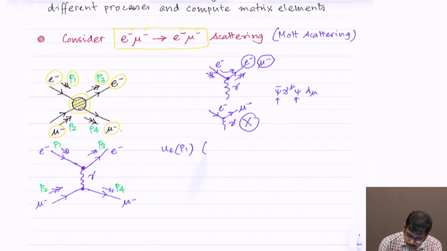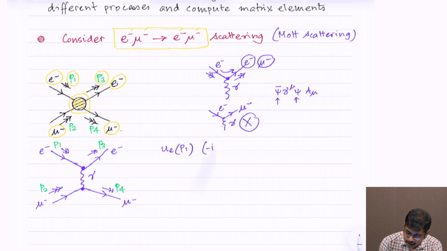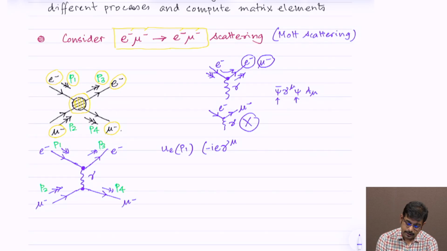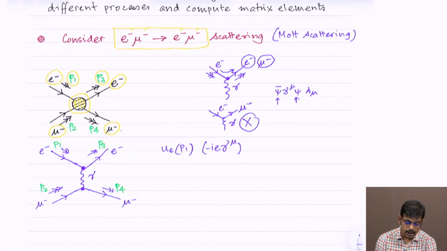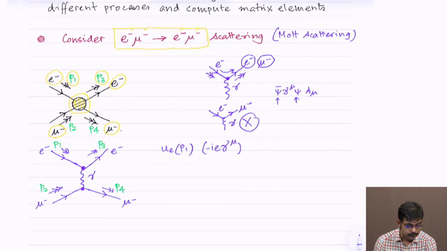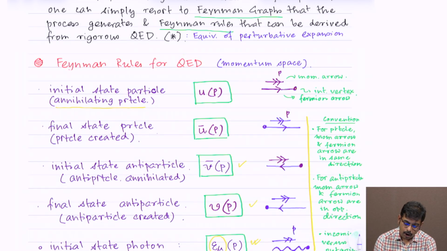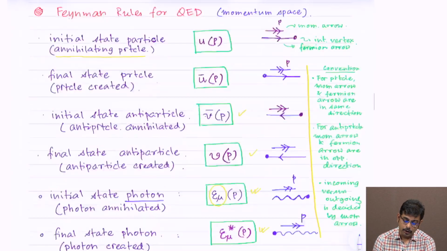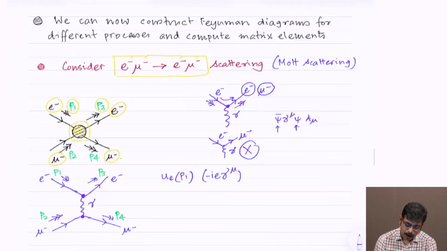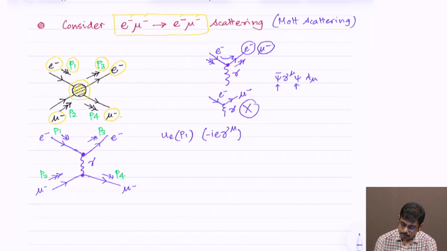Then let's talk about what is there in the vertex factor. The vertex factor will be essentially minus i e gamma mu. Here I denote the electron charge to be e. Then you have this part, an outgoing electron with momentum p3, say. Remember, a final state particle, or a particle created, is defined by u bar of p.